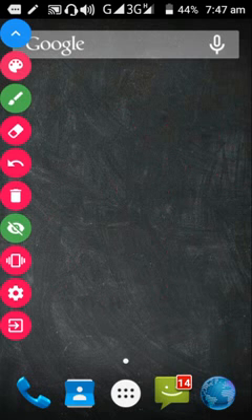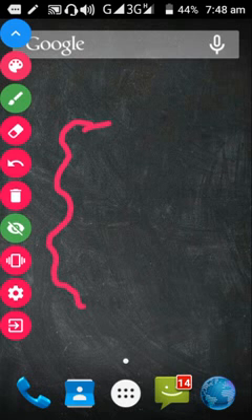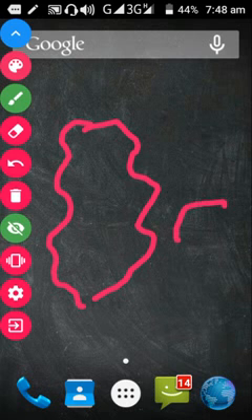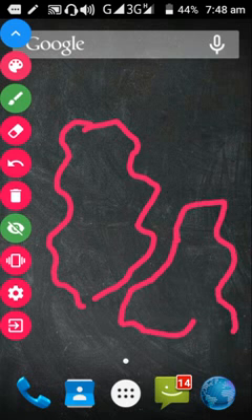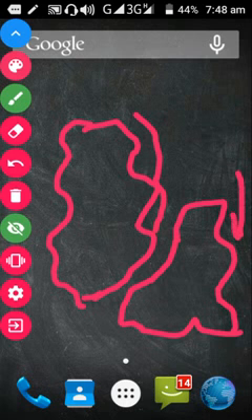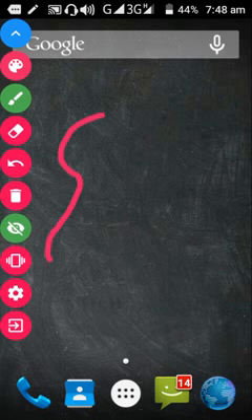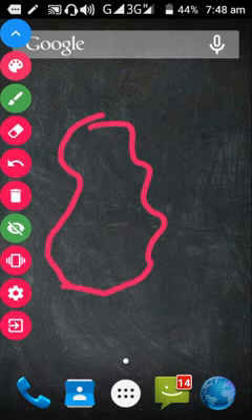Uneven pieces means these pieces are not the same. These edges are not regular; these edges are irregular.